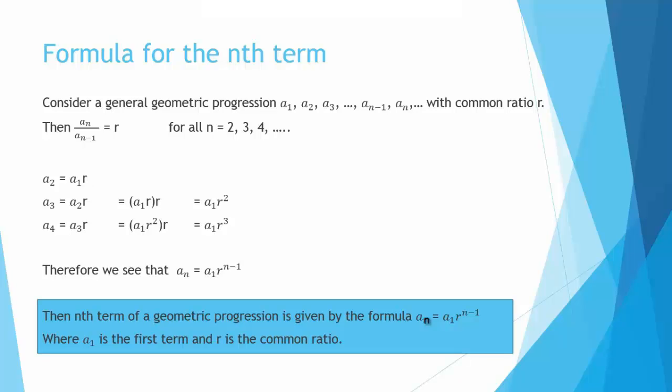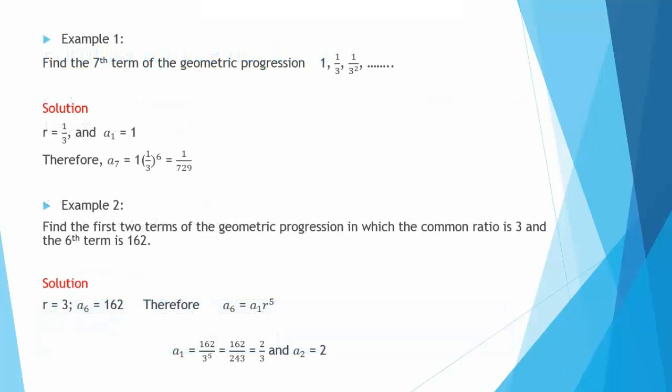Then the fourth term a4 equals a3 times r, which equals a1 r squared times r, which equals a1 times r cubed. Therefore we see that an equals a1 times r to the power n take away 1. Then the nth term of a geometric progression is given by the formula an equals a1 times r to the power n take away 1, where a1 is the first term and r is the common ratio.